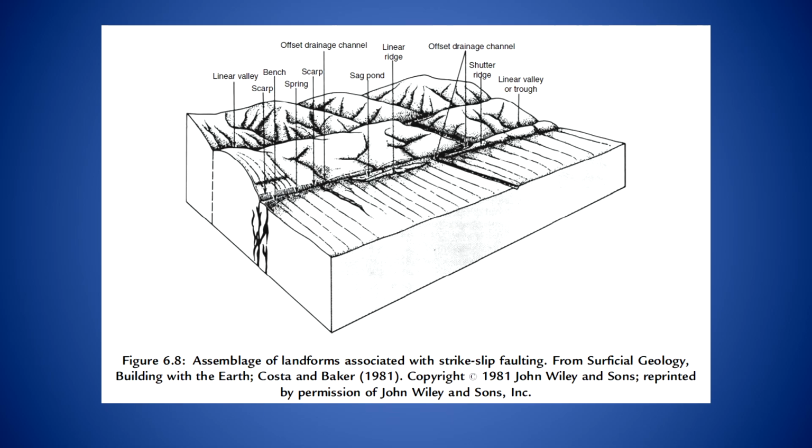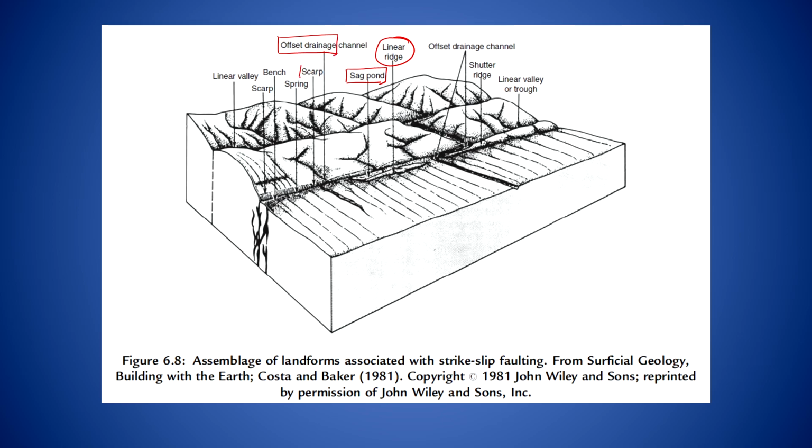A few of the most common, and I would say most important, features you will come across will be your linear ridges. Second is your sag ponds. Then offset of drainage.